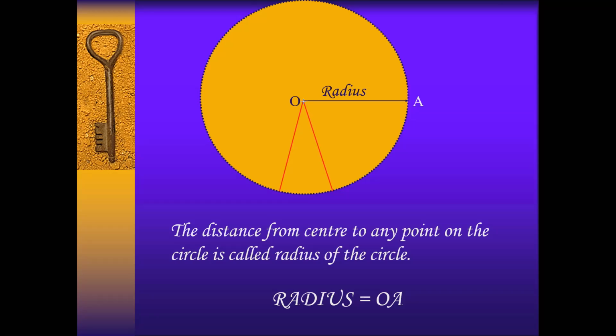So all of these lines, line 1, line 2, line 3, and for example line 4, the lengths of all these lines are equal in magnitude.